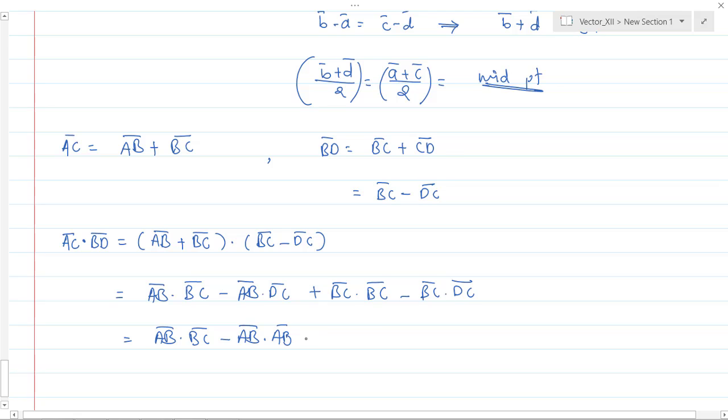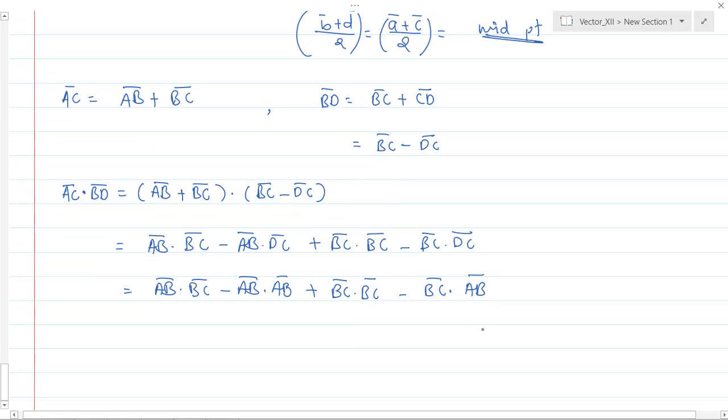Let's substitute, plus BC bar dot BC bar, minus BC bar dot DC bar, is nothing but AB bar. So what can be cancelled out? See here, the first part is AB dot BC and this is BC dot AB. The dot product commutative law is applicable. Now what we have is AB bar square, minus BC bar dot DC, which is AB bar square, plus this is BC bar square.